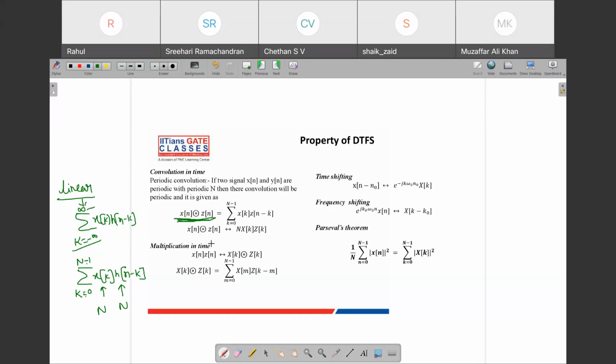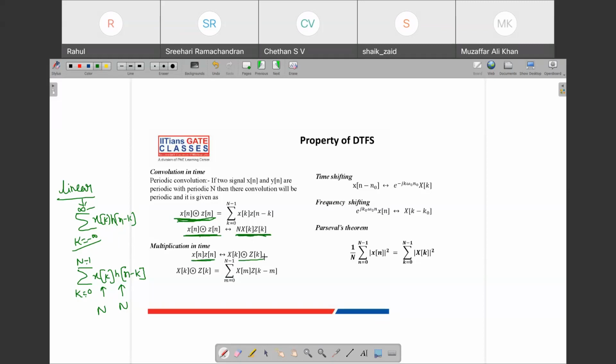Now, if it is convolution in the time domain, in the frequency domain it will be multiplication. It is a very universal property: if it is convolution in the time domain, then in the k domain, the frequency domain, it will be multiplication. Now, multiplication in the time domain will be convolution in the k domain.